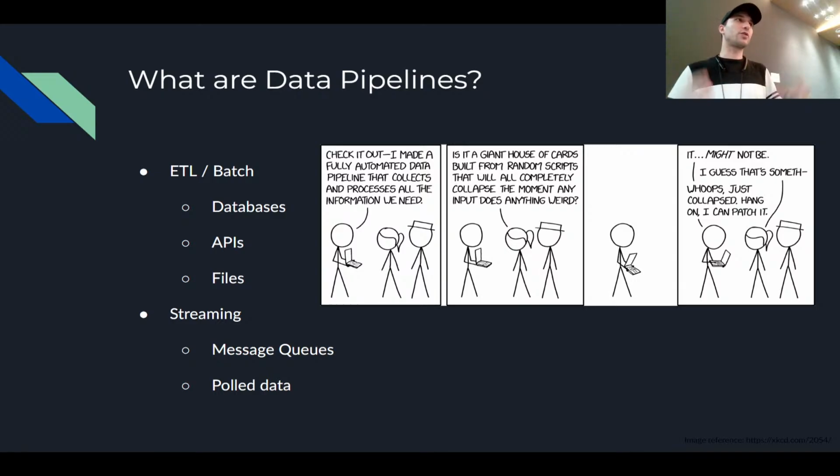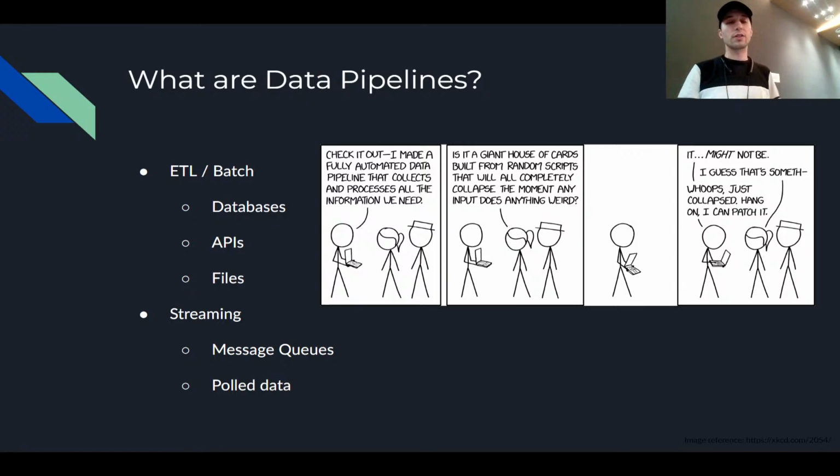Basically, at some interval, you take a bunch of data, you move it from A to B. And then streaming data, where as data is coming in, you consume that data and you send it wherever it needs to go. Now, streaming data can be very high rate or it can be very low rate. It depends on the application, it depends on your company's needs. Or you could have a combination of the two. Maybe you have a streaming pipeline that sends to some kind of staging area, and then you have a batch system that pulls from that staging area and sends to your data warehouse or something.